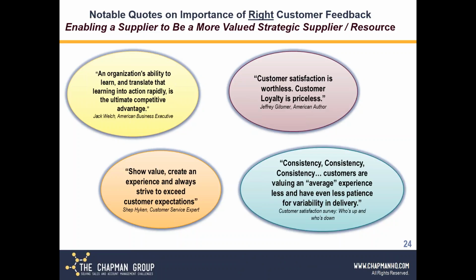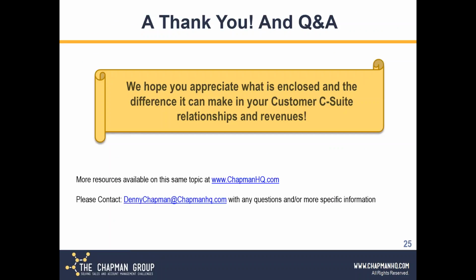They're really, really wanting an extraordinary experience or resource from their strategic supplier. When you have the right feedback and you integrate it into your relationship management process, it helps you justify why you should engage with the C-suite, because you're impacting their business, and why you're different than any other supplier in their current supply chain.